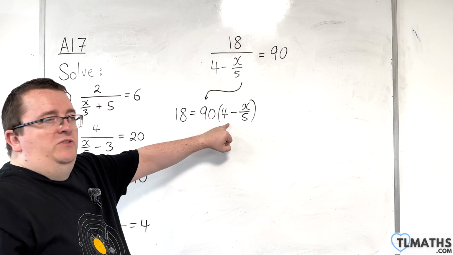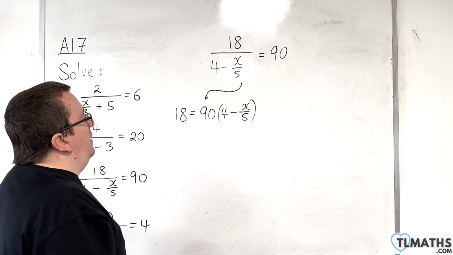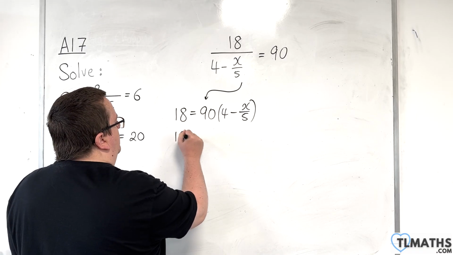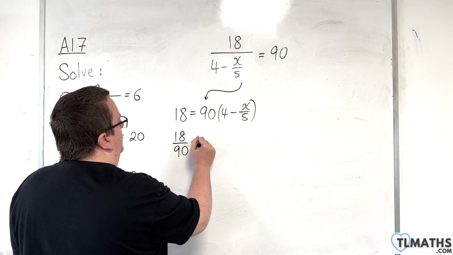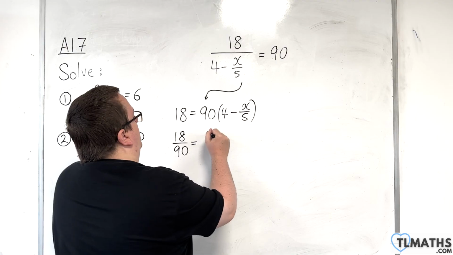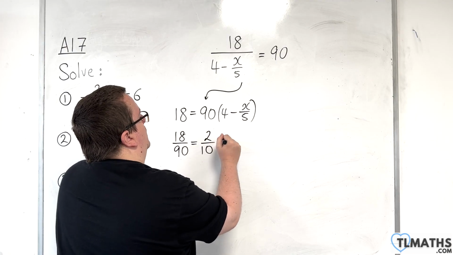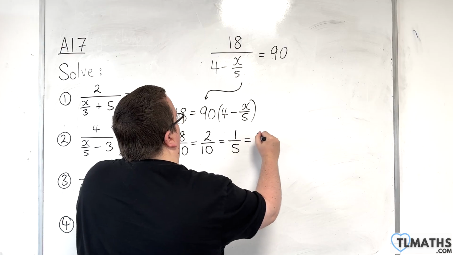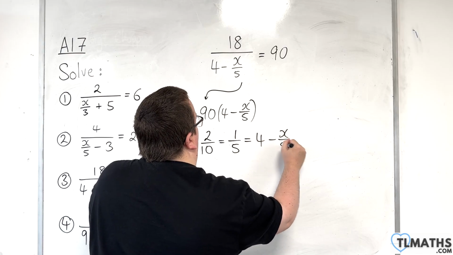Now we've got 90 times the bracket, so if we divide both sides by 90, now 18 over 90, you could divide top and bottom by 9, and that's 2 over 10, and divide top and bottom by 2 is 1 over 5, so that's equal to 4 take away x over 5.